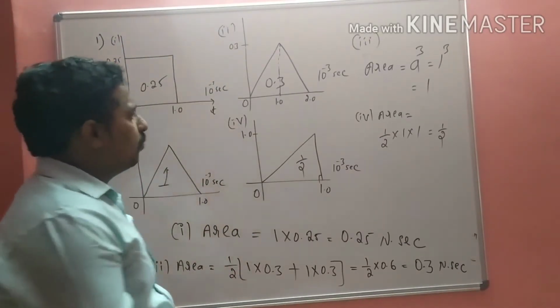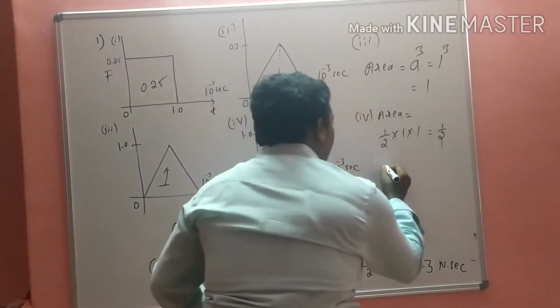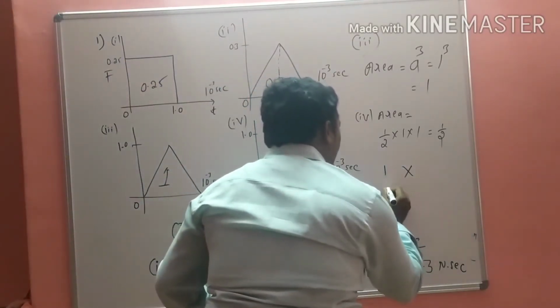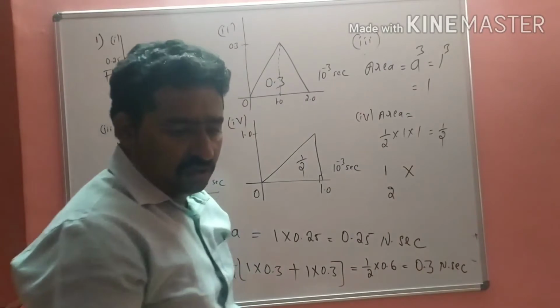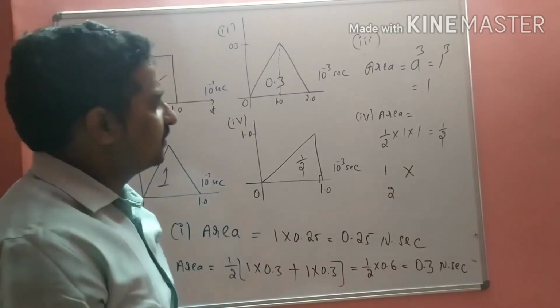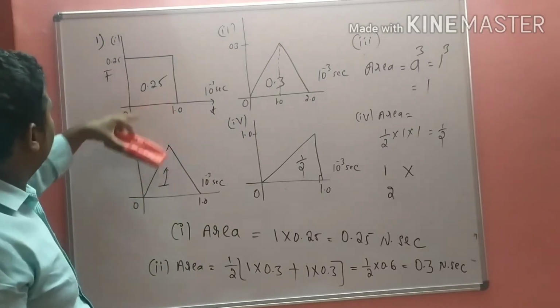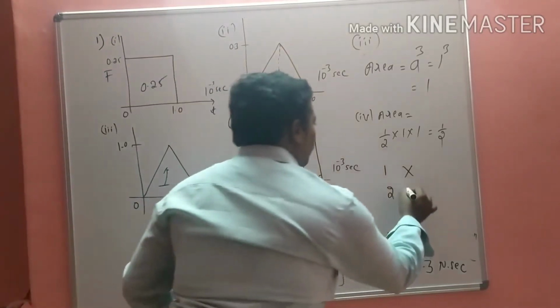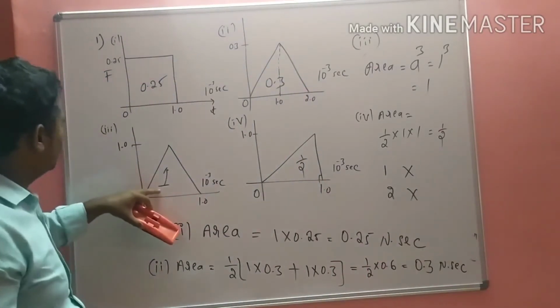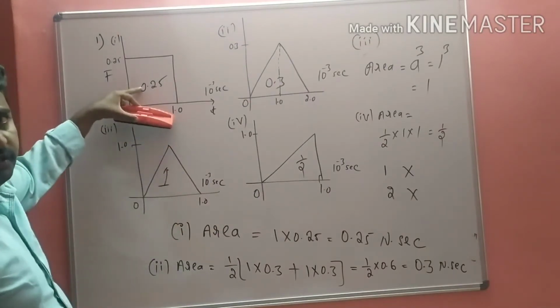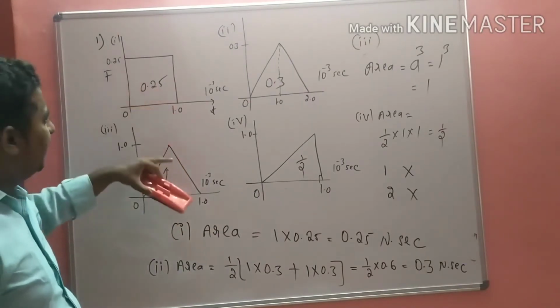No. Option 2 is third and 1. No, because the third is highest, but the first is only 0.25, which is small.